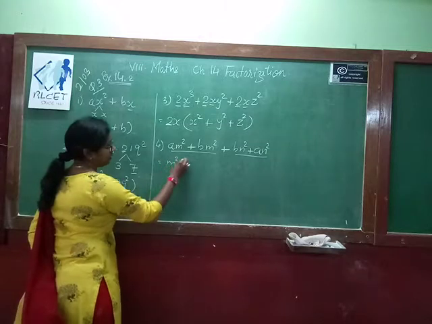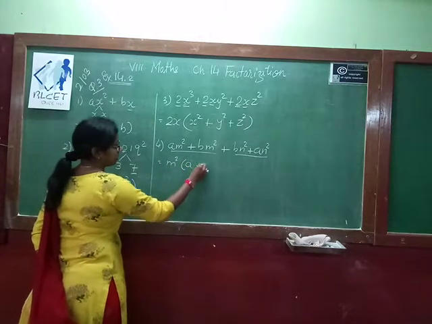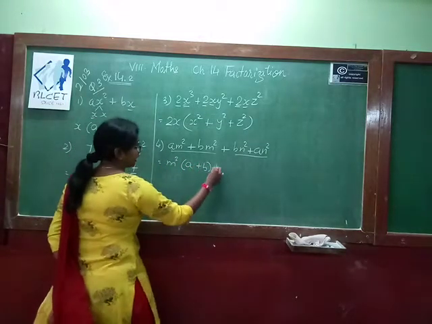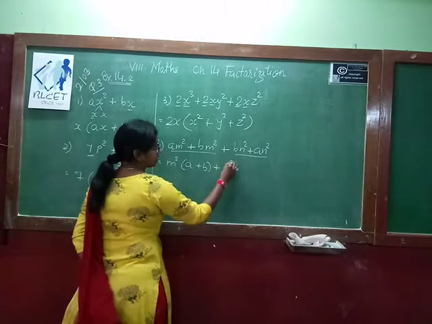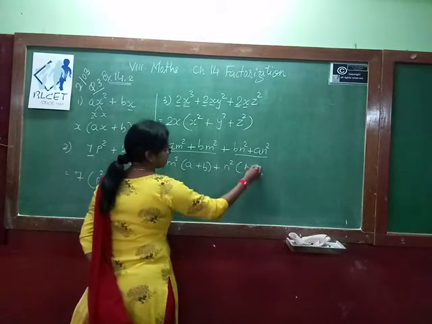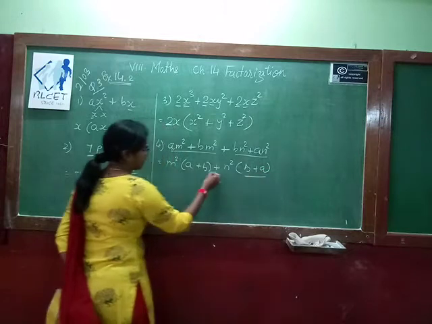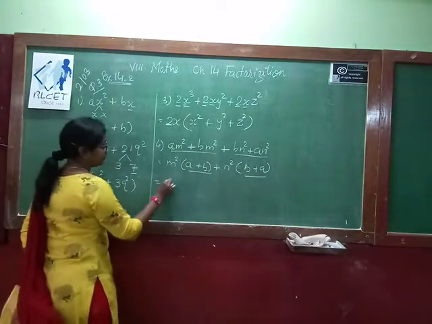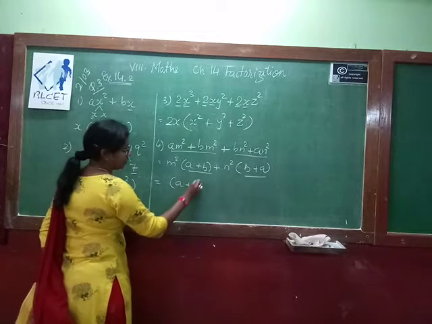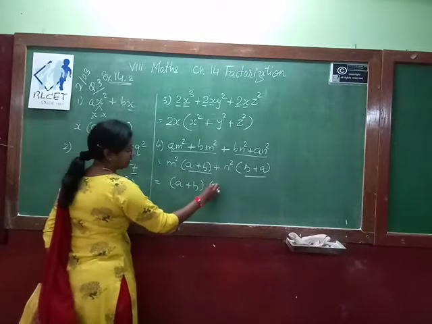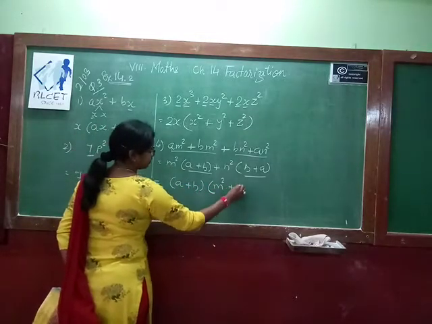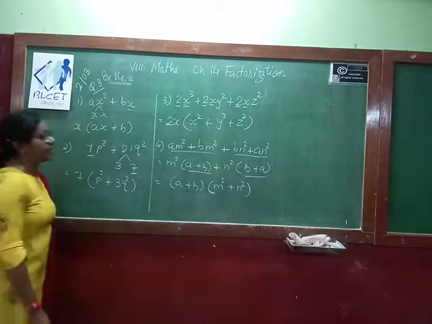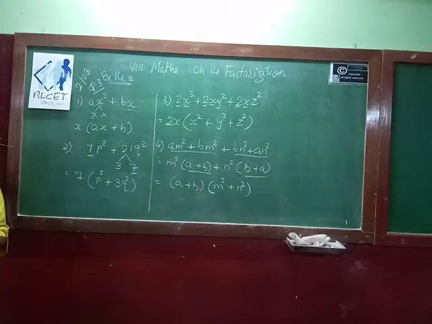So what is left? A plus b. From another we are taking whole n square common. So what is left? B plus a or a plus b, whatever you can write. These 2 brackets should be equal, so that we have to take common. So a plus b is common. So what is left? M square plus n square. So this is the factors of question number 4.